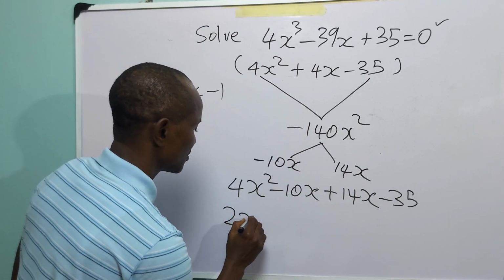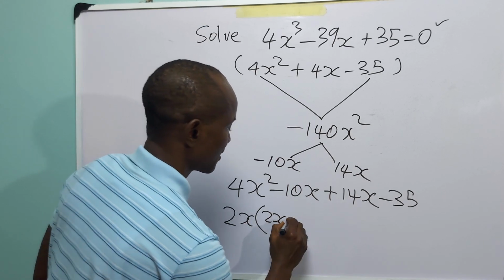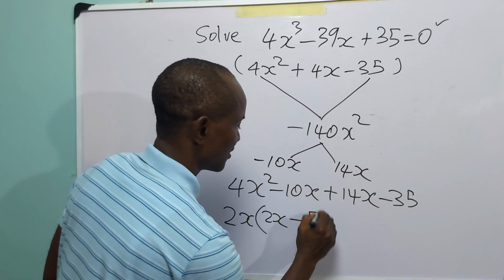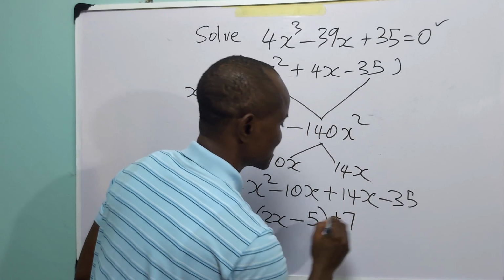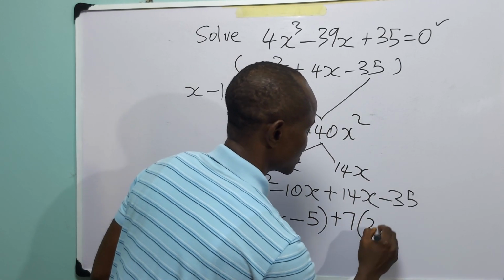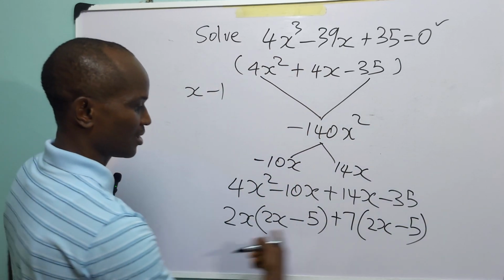Here, 2x will give us 2x minus 5. And here, plus 7 will give us 2x minus 5.